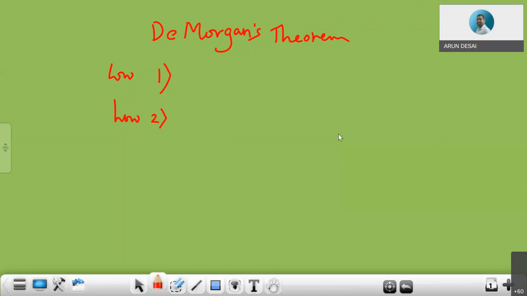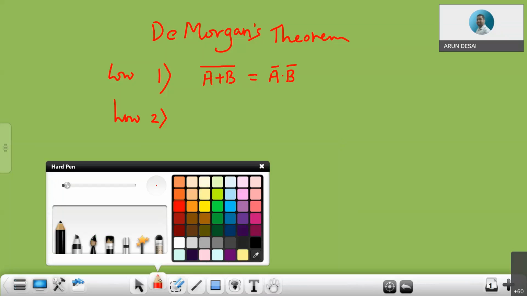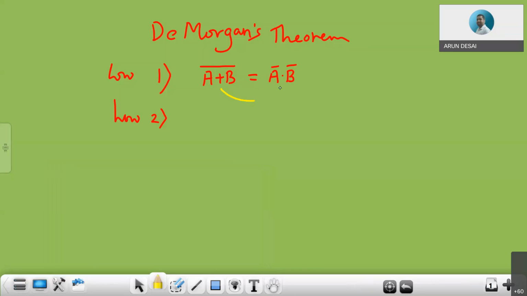See, De Morgan's first law states that if we have two variables, we have the sum of them and the whole complement, or the product of two variables with the whole complement, then that is equal to splitting the things and changing the sign from or to and, right?